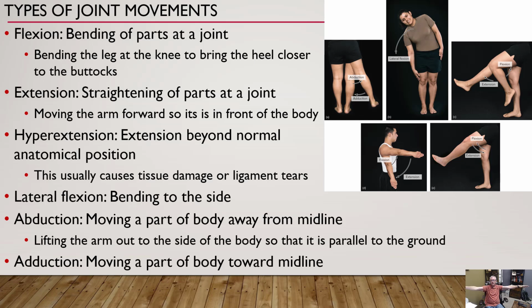And if I move my arms towards here, I am adducting, ADD. The way I remember this is if my arms are out here, I am adding towards the midline. I'm ADD-ing. So abduction away, adding towards the midline. Away from midline, adding towards the midline.